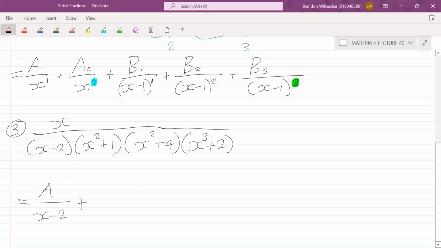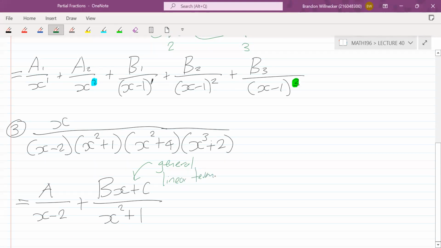So it won't just be B, it's going to be Bx plus C over x squared plus 1. So you see if the bottom part is quadratic, so x squared plus 1, then at the top we write a general linear term. It's 1 degree less than what we had at the bottom.